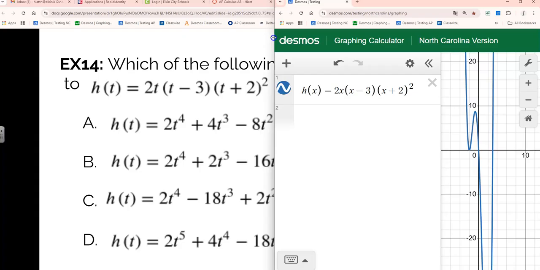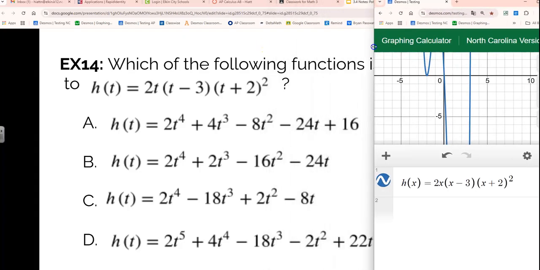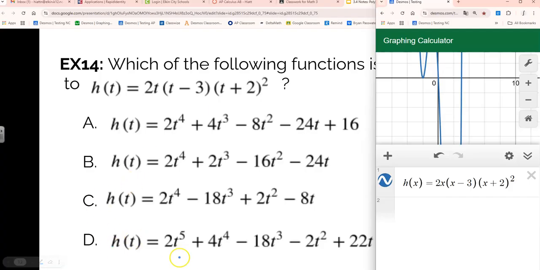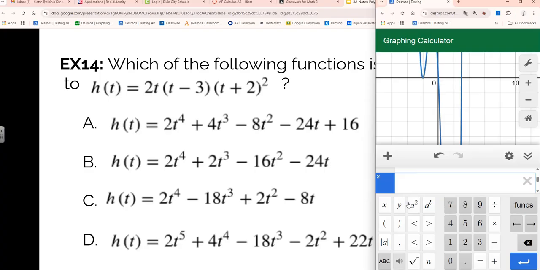Is that all? Yeah. And then, goodness gracious. I know it's not D because that's to the 5th power. I also know it should start with a 2t squared, but let's just try. It's not this one because I'm getting different graphs.